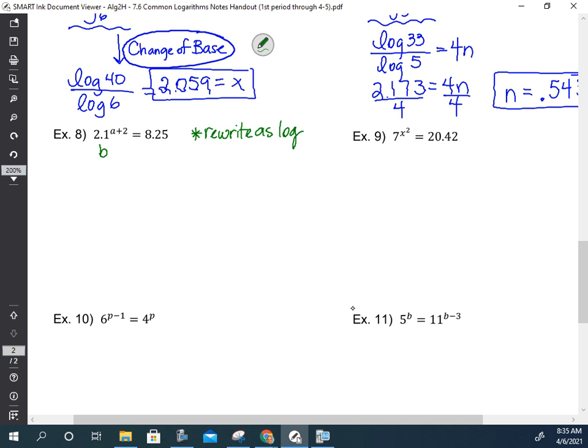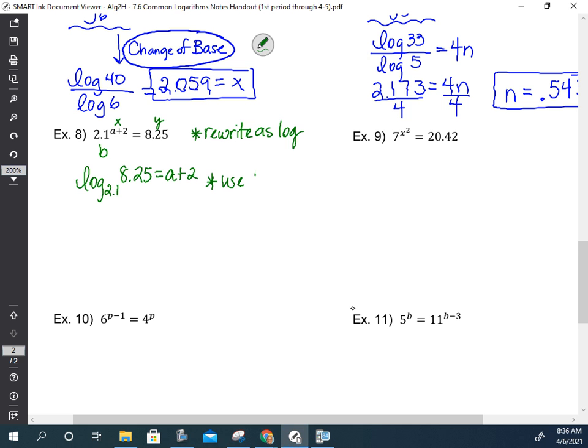So there's your base, there's your x, there's your y. That gives you log base 2.1 of 8.25 equals a plus 2. So the first thing you have to do is a basic rewrite.